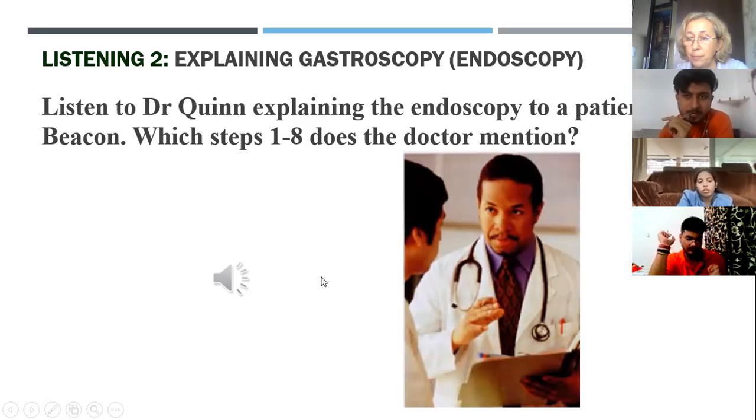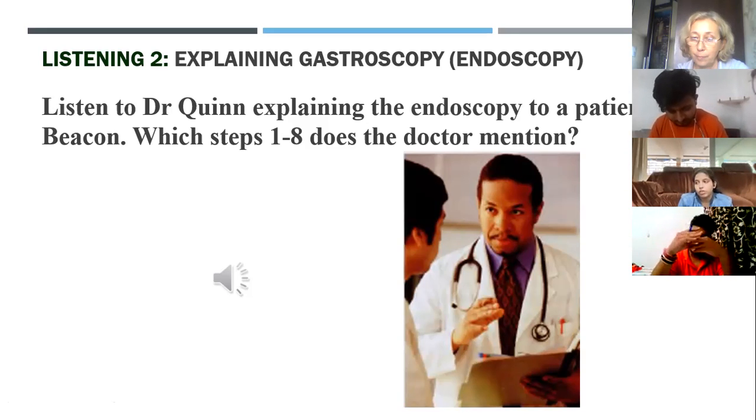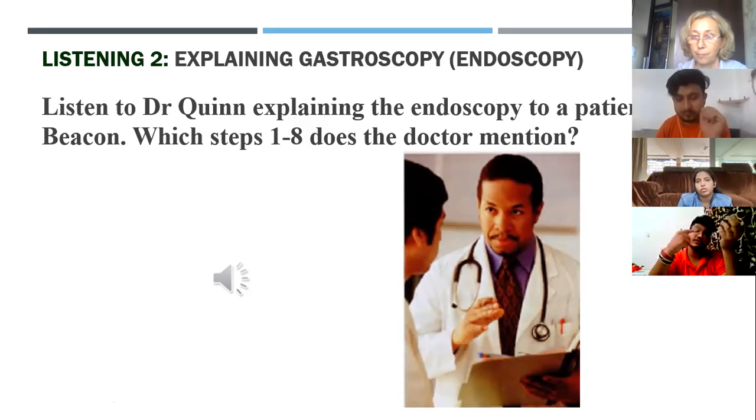Ma'am, first of all, we'll ask for the consent from the patient. Do you know what gastroscopy is? Then I'll explain what gastroscopy is, that it is used to look at the gullet and the stomach. Then I will give the patient something to bite on, and then we'll numb the throat, and we'll put the tube down through the throat to the stomach, which is no thicker than our finger, and we'll have a camera.